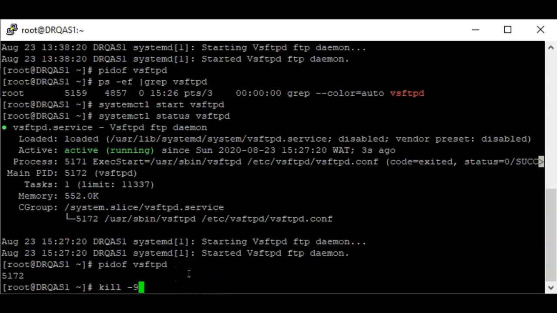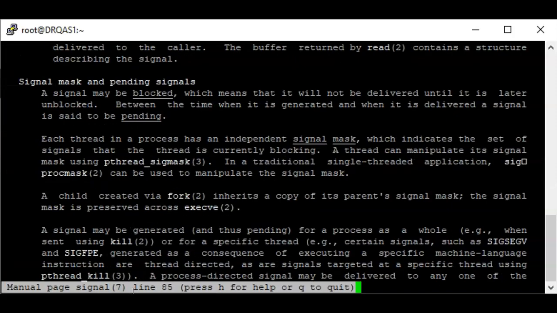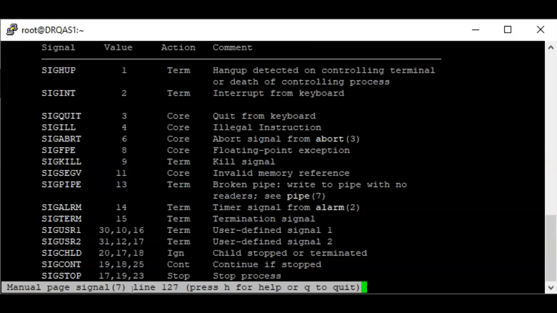We saw that SIGKILL has the -9 option. Let me show you again. This is man 7 signal. You can see SIGKILL having the value of 9 and SIGTERM having the value of 15.